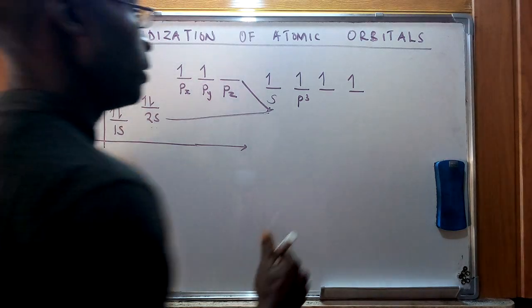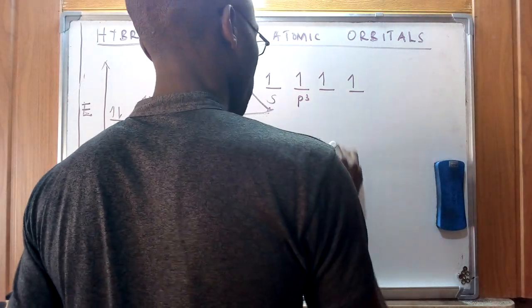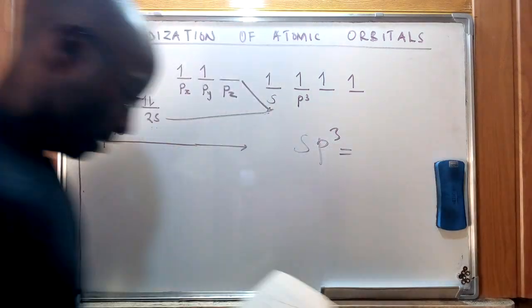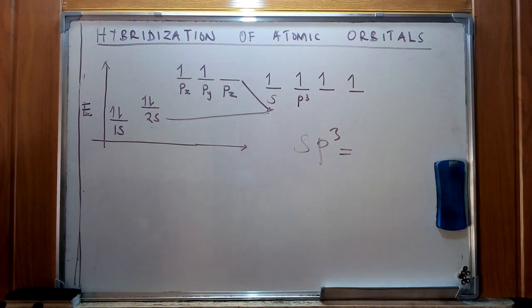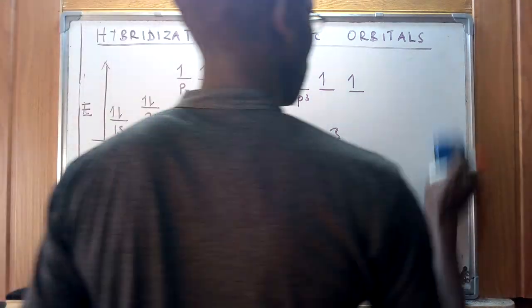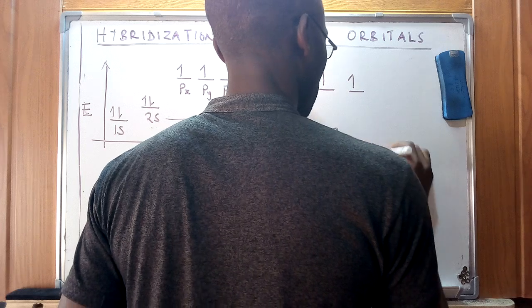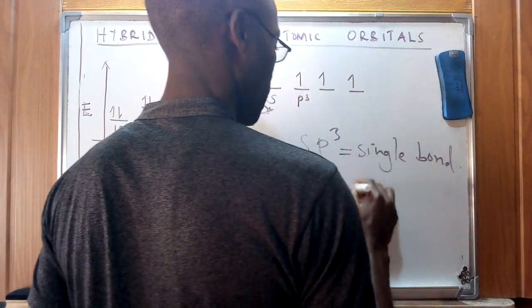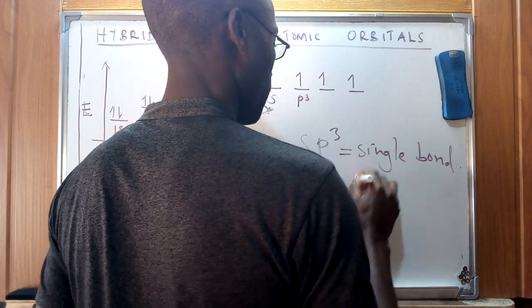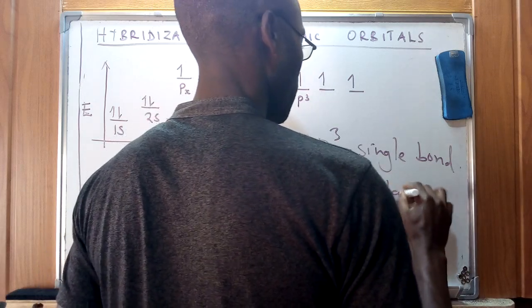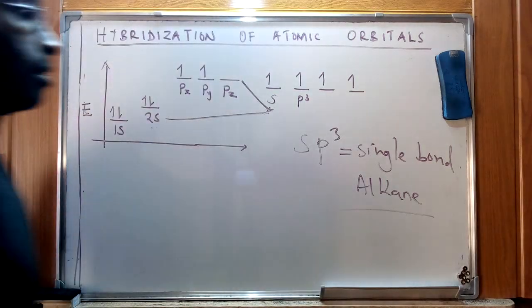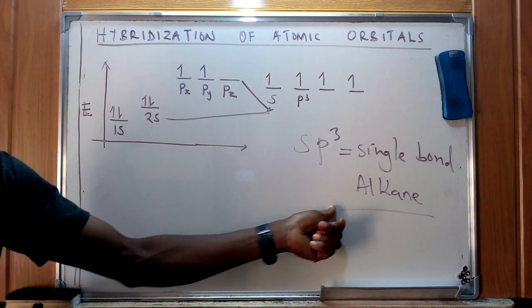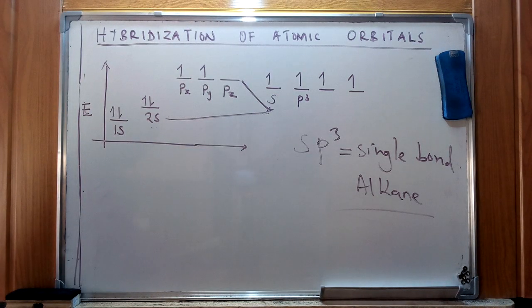Now, the newly formed orbital, which is an sp3 hybridized, is responsible for a single bond formation in carbon. So this is for the single bond formation in carbon, and therefore we expect it to be displayed in this class of organic compounds that we refer to as the alkanes.